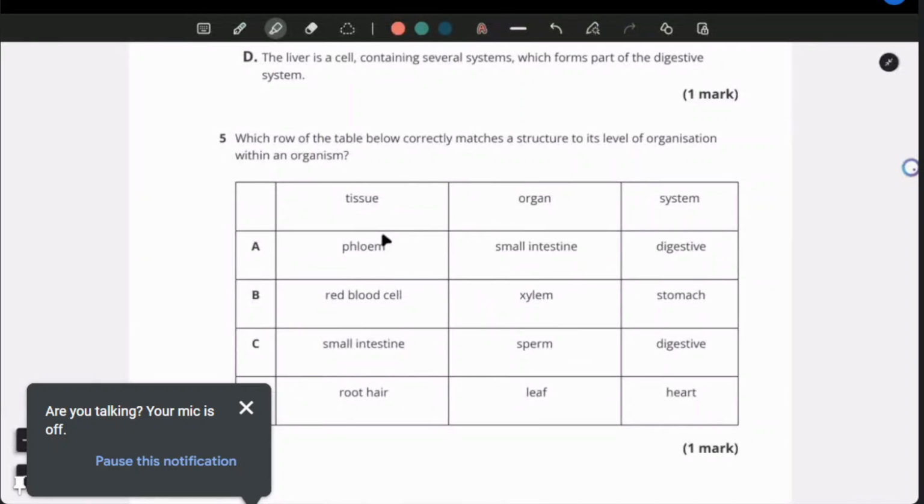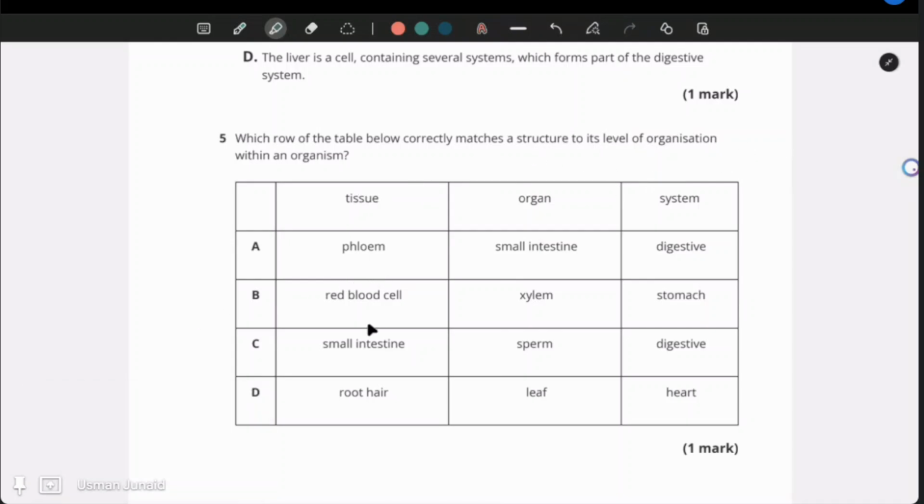Which row of the table below correctly matches the structure to its level of organization? So phloem, red blood cell, small intestine, root, etc. So what is the phloem? Is it a tissue? Is it an organ?